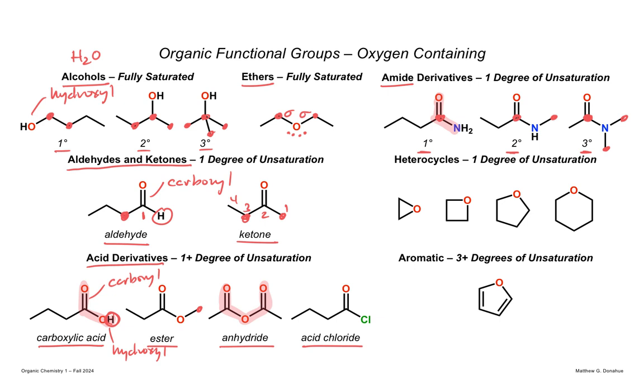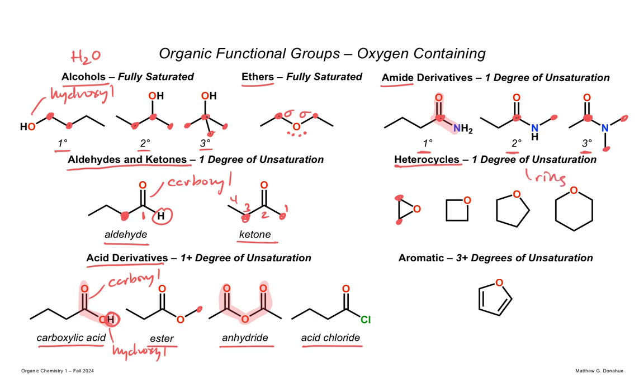So cyclic ethers, so these are heterocycles. These are all ethers now because the two bonds from oxygen are to carbon. So those have a degree of unsaturation in the ring.